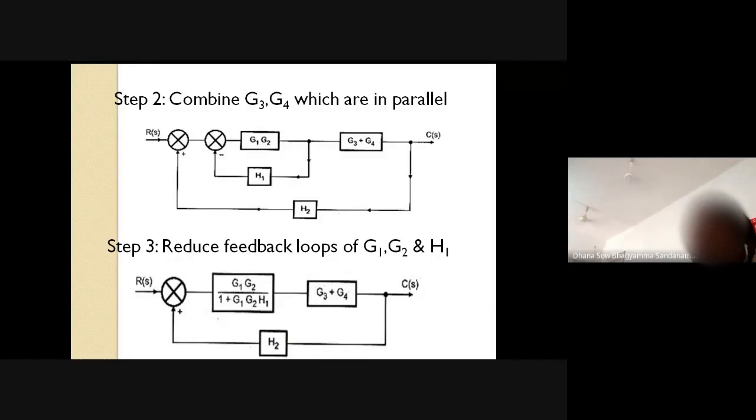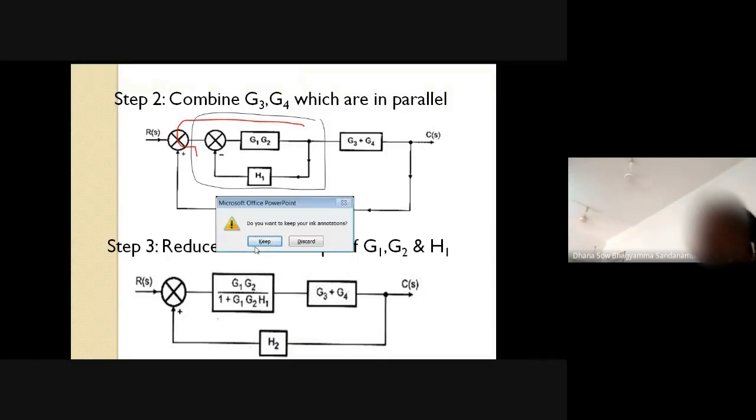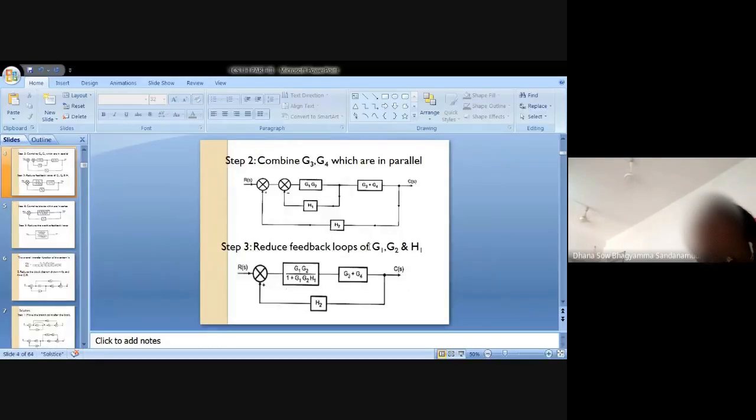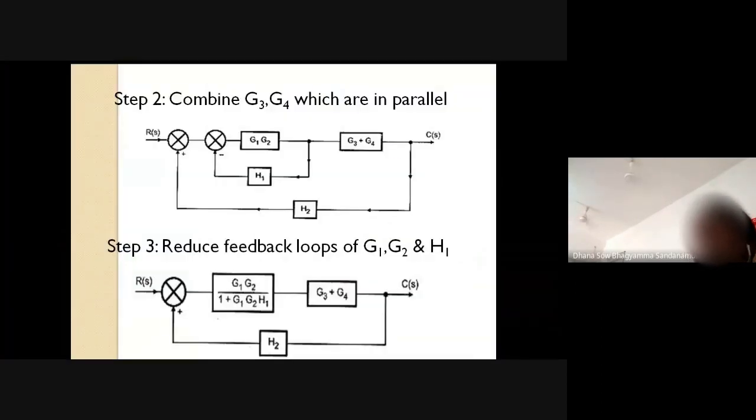I will take a red pen, it will be clearer too. So this is a negative feedback loop.